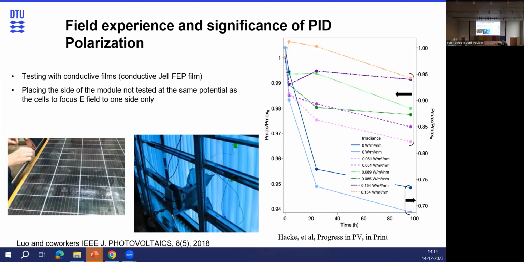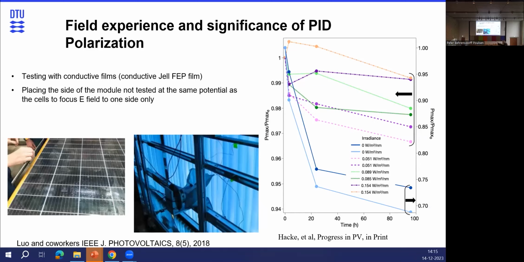Doing a realistic test requires you to apply both light and high voltage to the module when you test it in the lab, and also you need to separate the front side from the back side, so you don't want to stress both at the same time. Testing procedures nowadays require transparent electrolytic gel that allows the light to come from both sides. One side is grounded and the other side is set at a high voltage.